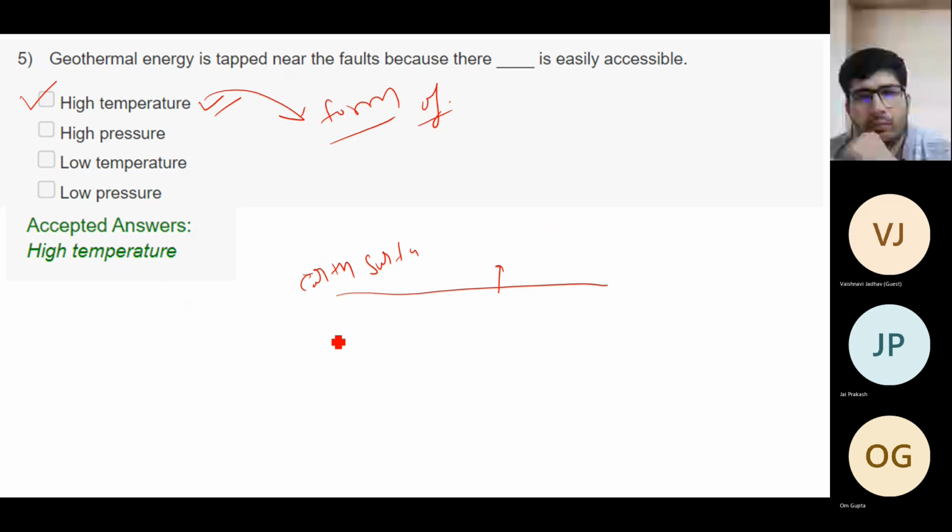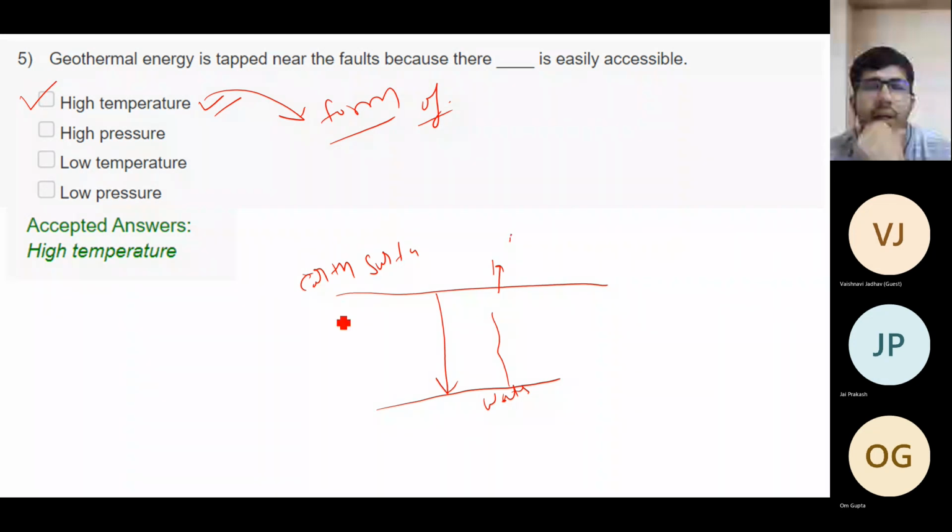We are not installing the system at some depth. At some depth the water is there, but that water is coming out as steam maybe, and that will come out at only ambient pressure, because you are not running a system at a depth. You are installing your system at the surface. Is it clear?